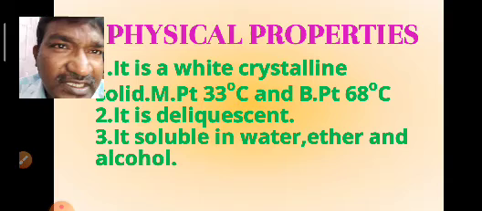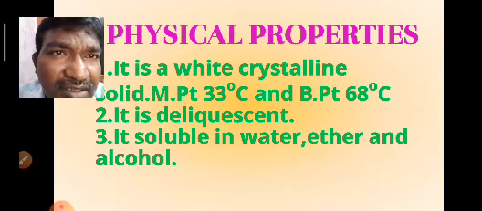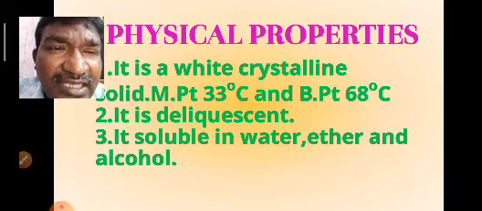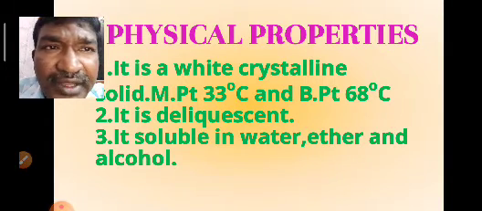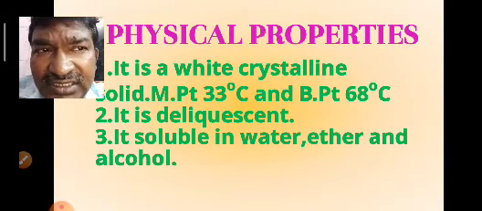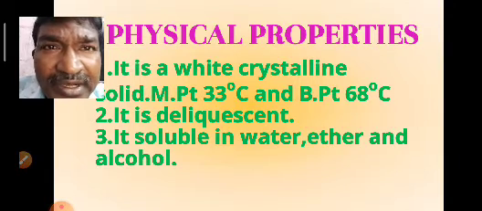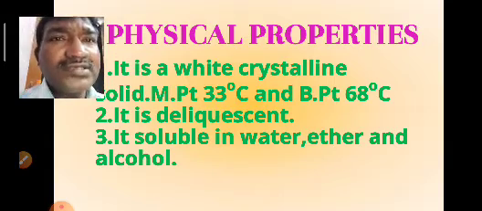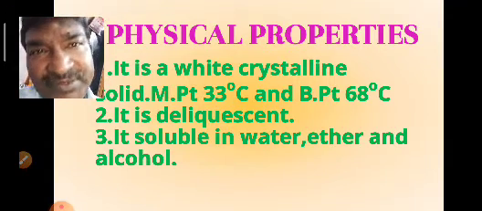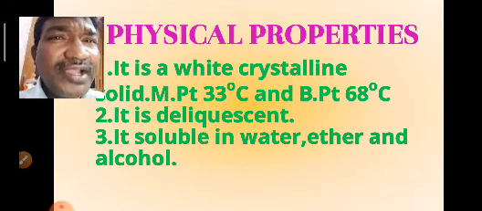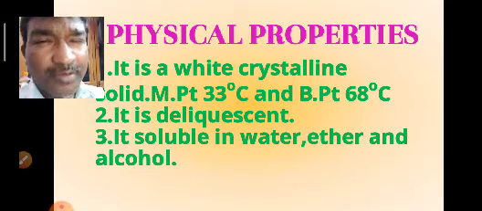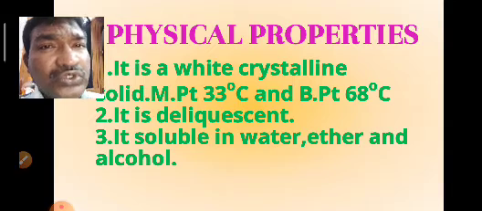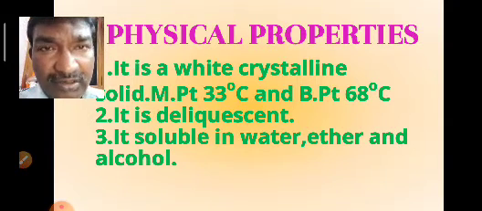Next, we go for the physical properties. Hydroxylamine is a white crystal, its melting point is 33 degrees centigrade, and boiling point is 68 degrees centigrade. And hydroxylamine is a deliquescent substance. That means it absorbs moisture from the atmosphere, it absorbs the water and changes into an aqueous solution.